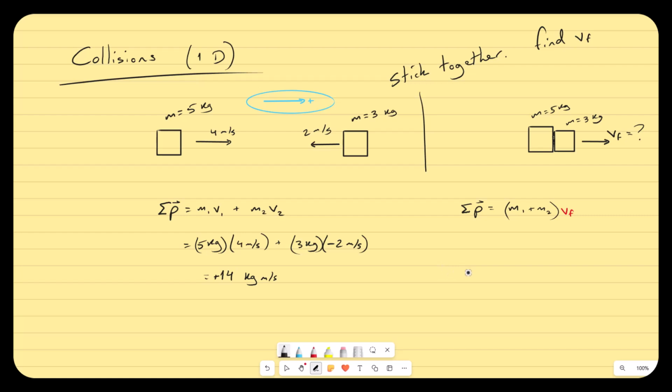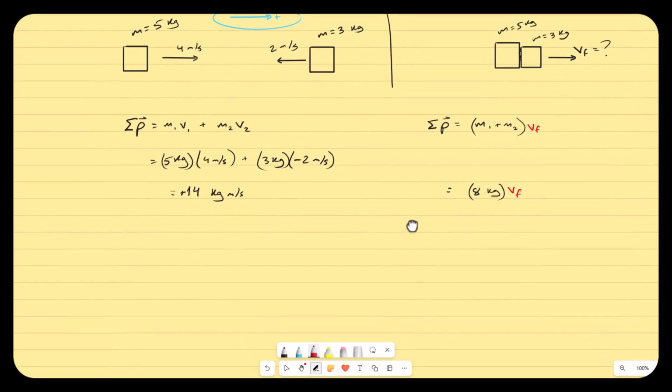So it is 8 kilograms times v final. I am setting these things equal to each other because that's how I solve momentum problems, collision problems. So what I get is 14 kilogram meters per second equals 8 kilograms times v final.